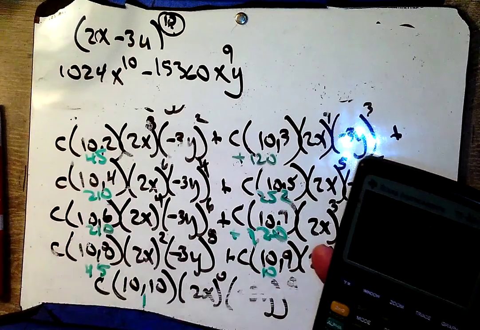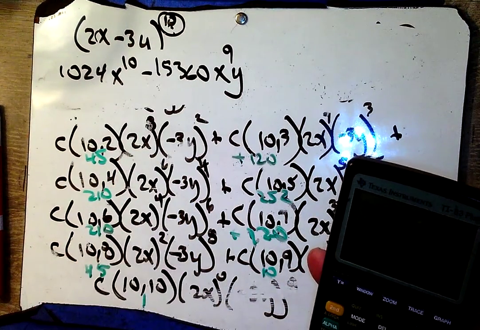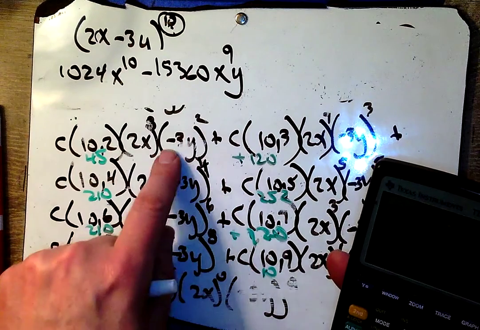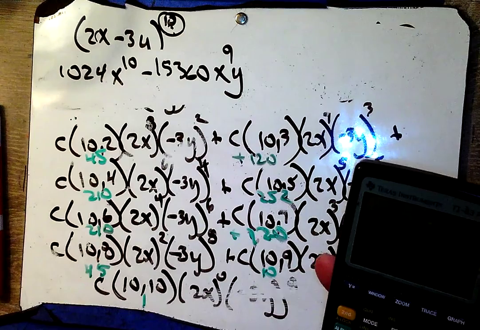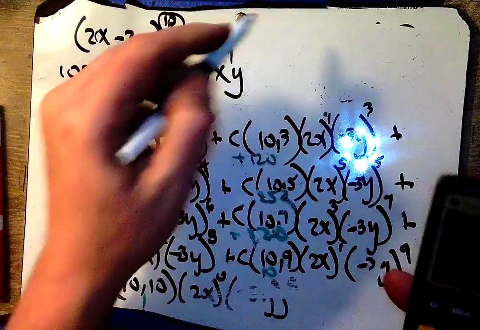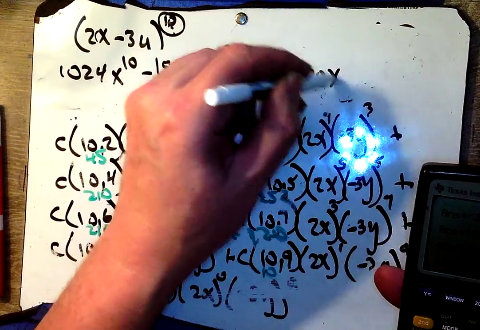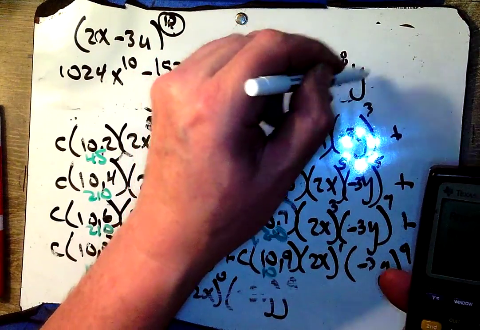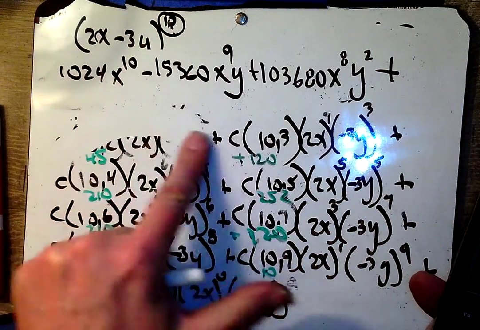Cool. Now I've got 45 times 2 to the 8th times negative 3 times negative 3 is positive 9 times 9. And so I seem to have 103,680 x to the 8th y to the 2nd. Plus, that was this one gone.